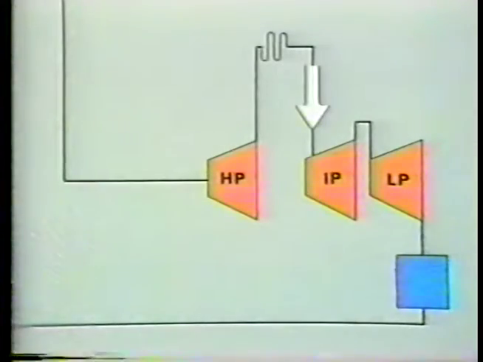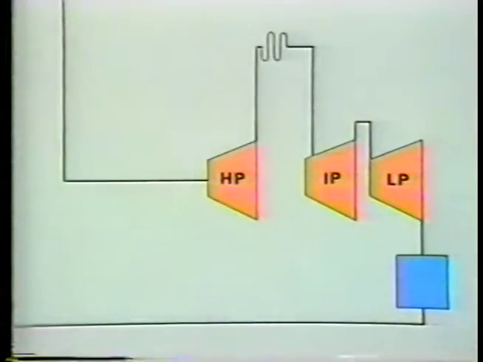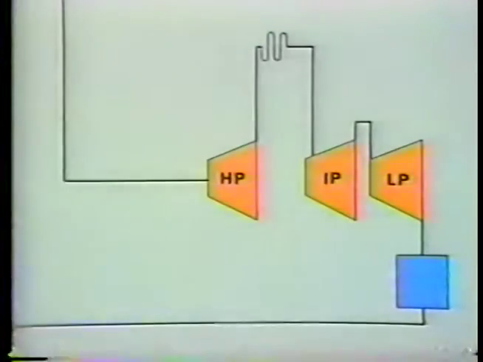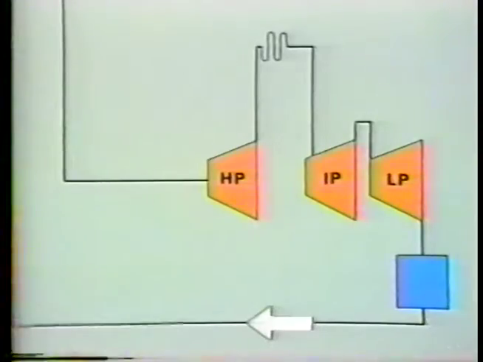The reheated steam goes to the intermediate pressure, or IP turbine, then to the low pressure, or LP turbine. From there, the steam is exhausted to the condenser, where it's condensed back into water. Finally, the cycle is complete when the condensed steam is routed back to the boiler.